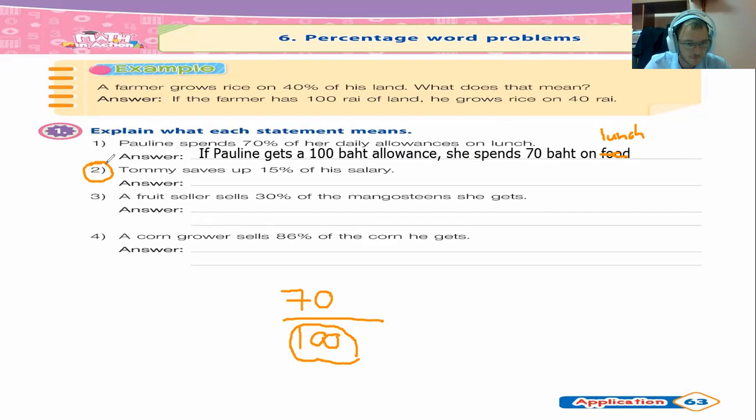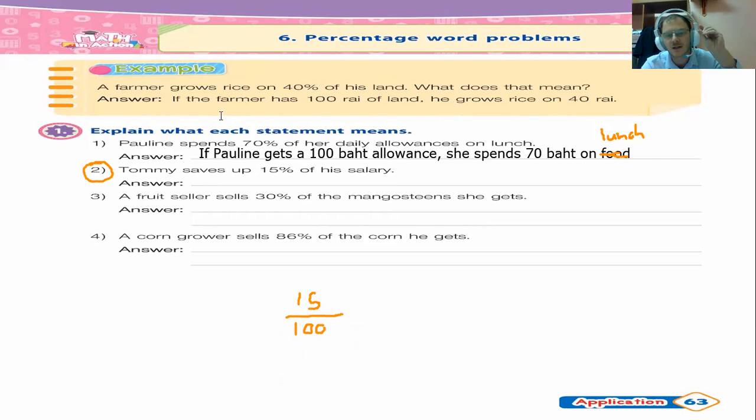Look at number 2. Tommy saves 15% of his salary. What do you think we are going to do? 15 as a fraction is 15 over 100. So we take the same story over here and just change it a little bit so that it suits our answer.